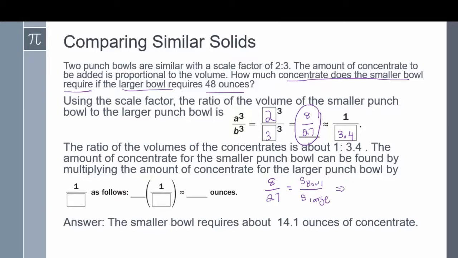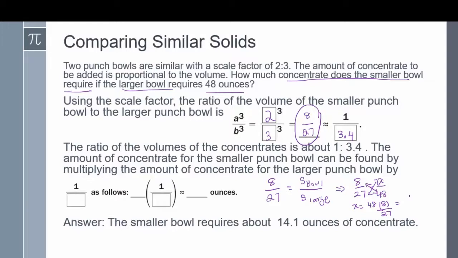I know that the concentrate for the large bowl is 48 and I'm looking for the concentrate for the small bowl. So cross multiply to isolate x, and we end up with x equals 48 times 8 over 27.